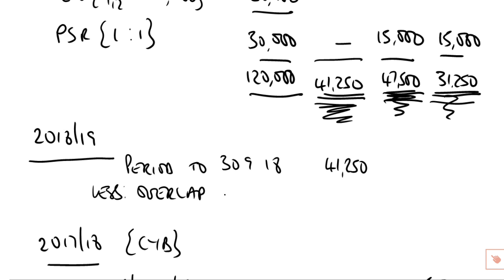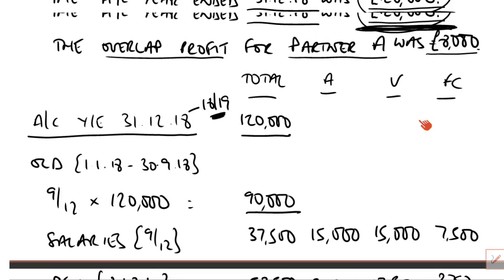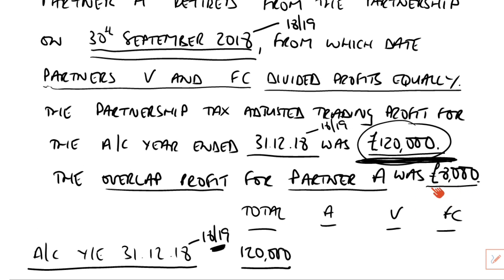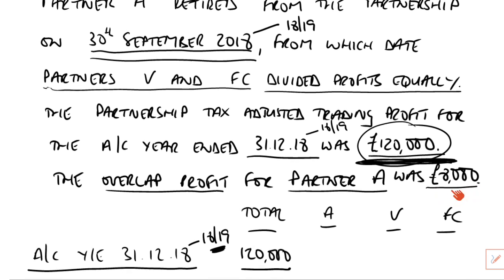You can write overlap profit or overlap relief. Now, what was that overlap profit? What did we note there? Was it £8,000, if I recall correctly? Let's just have another look at that, sorry. Yeah, the overlap profit for partner A was £8,000 there. There it is.